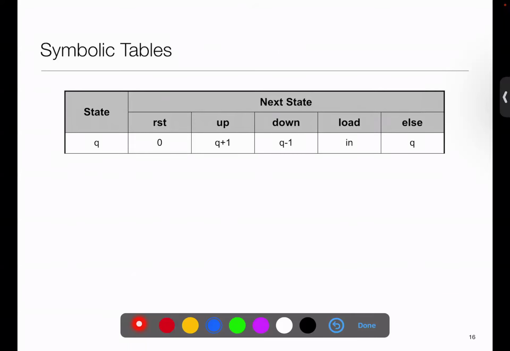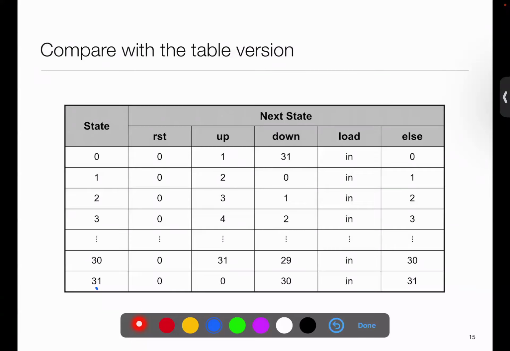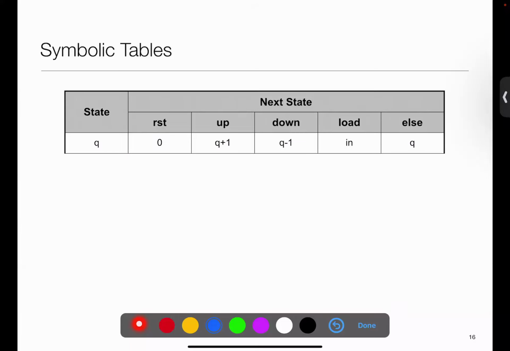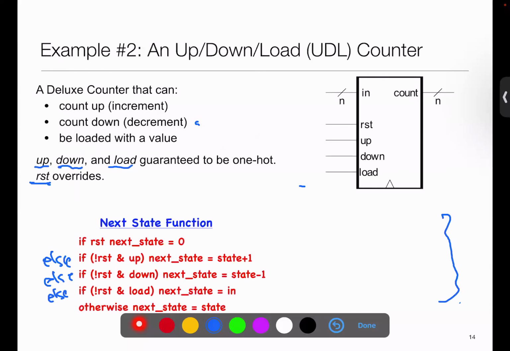I can do tables in a compact manner also by resorting to symbols. So previously I had listed all the values of state, but what if I were to use symbols? I'd say, if state is Q, then if reset is high, then next state is 0. If it is up, then Q plus 1. If it is down, Q minus 1, load, else Q, right? I could write in a compact manner still, but it's probably much better to do it this way.